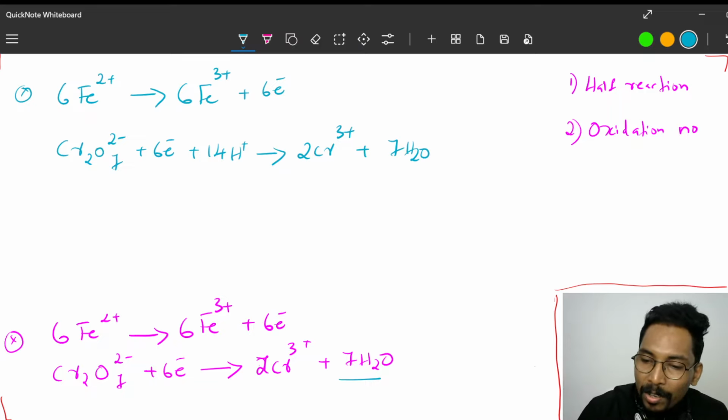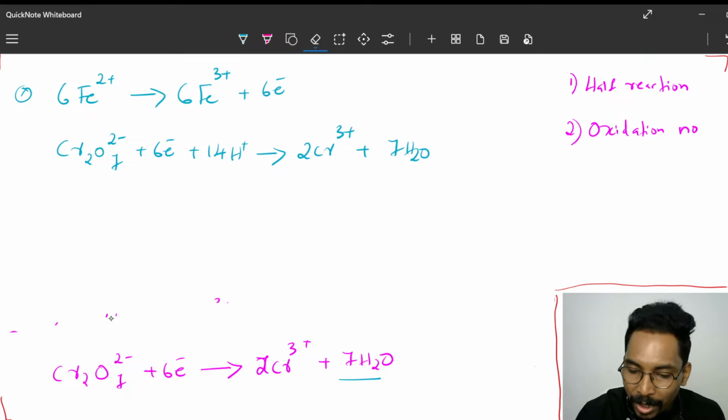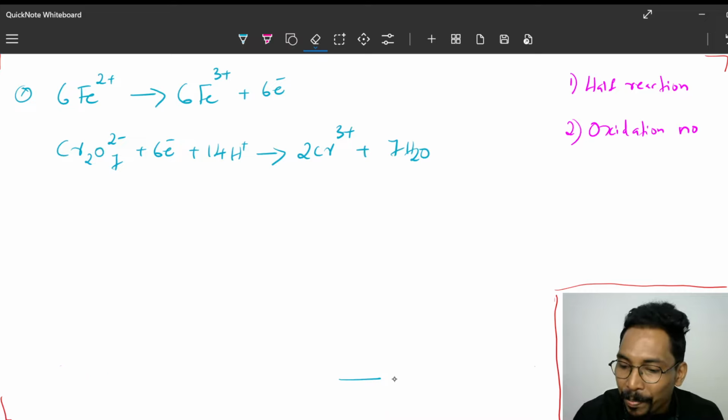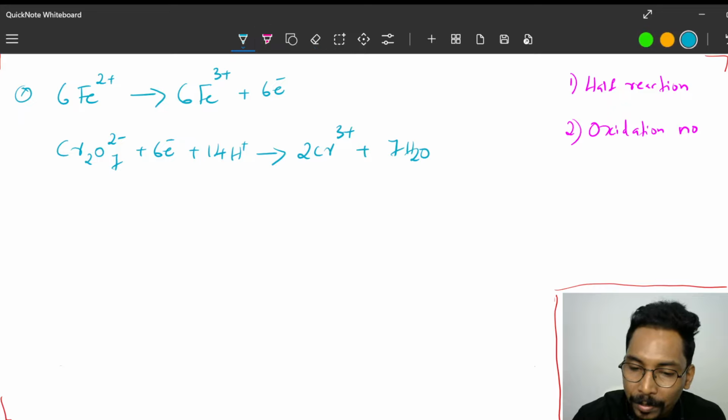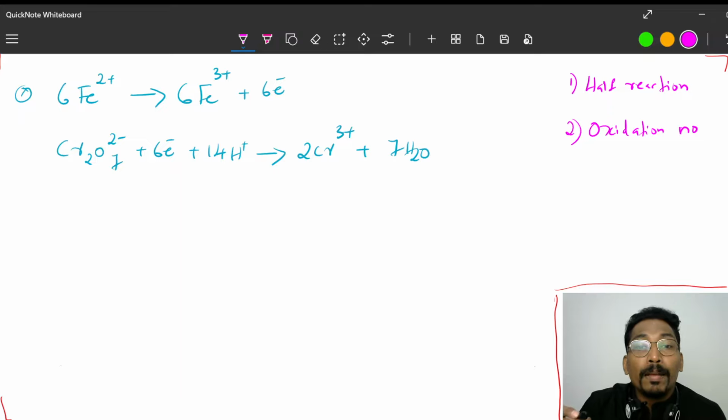Now the next step is you can combine these two equations. We are getting to the final step. So now I'm going to combine this oxidation equation and reduction equation.